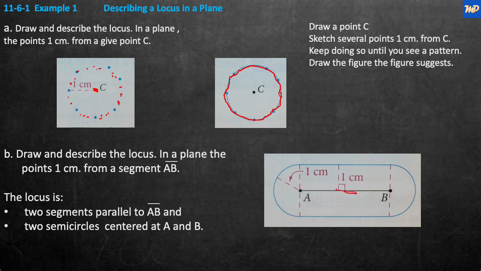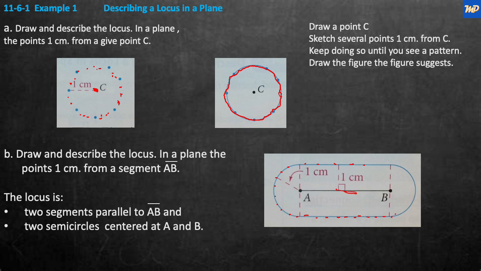You're going to draw these dots 1 centimeter away. And when you get to the edge, look at that, you're still 1 centimeter from point A. You're not going any farther from point A as you go around, and now you're 1 centimeter from the lines as you're going around.